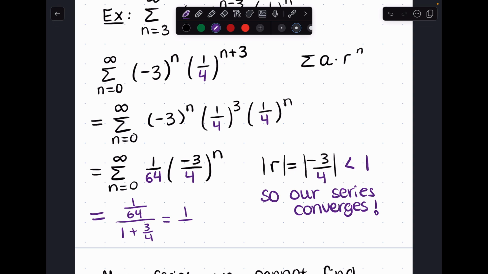And we end up getting 1 over 64 times, we can do the reciprocal of 1 plus 3 over 4, which is going to give us a 4 over 7. So we end up getting a 1 over 16 times 7, which gives us a 1 over 112. That's going to be the sum of this geometric series.